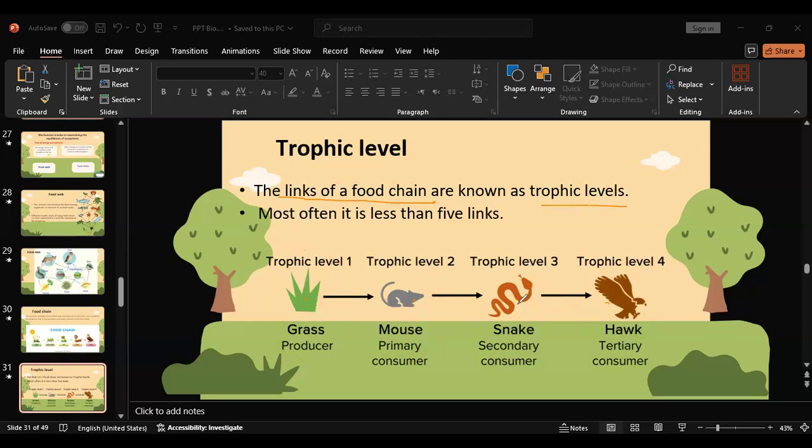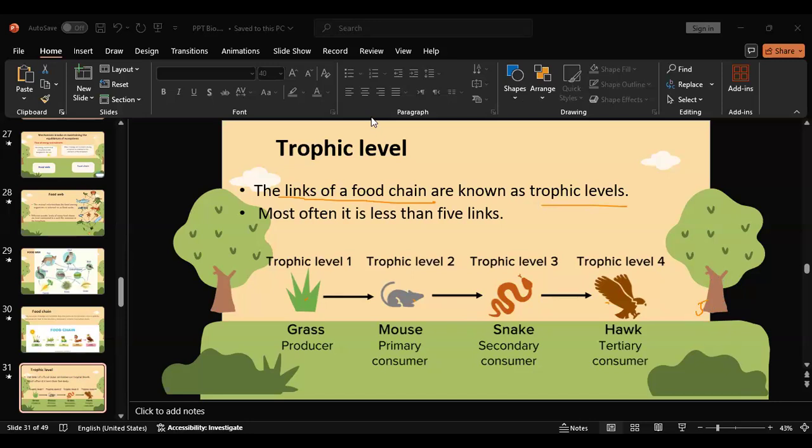We won't be able to exactly predict how many trophic levels there are in a particular food chain, sometimes more than 5 or 4.